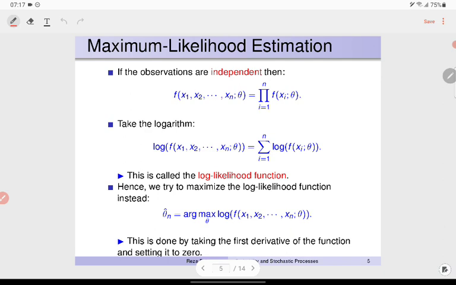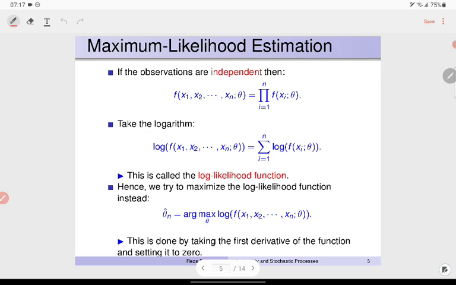Therefore, in the end, what we try to maximize instead is this log likelihood function, such that theta hat n, our estimator, is given by the argmax over theta of the logarithm of f of x1, x2, and so on until xn with parameter theta.